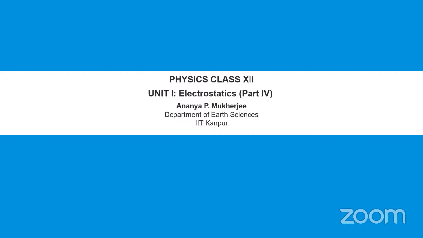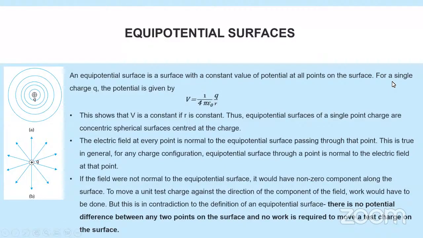So now we will move on to something called equipotential surfaces. In simple terms, an equipotential surface is a surface which has a constant value of potential at all points on the surface.